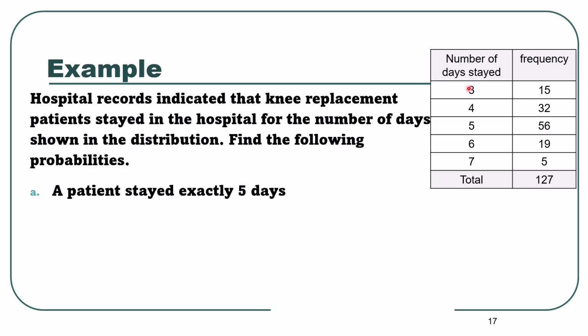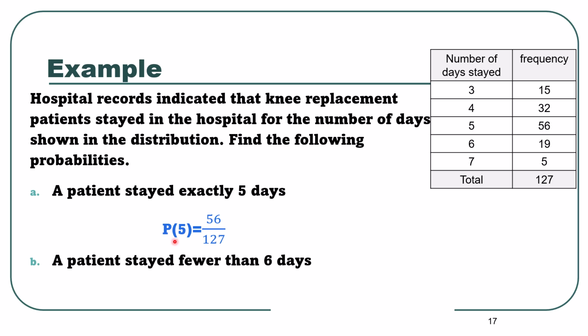According to my frequency distribution here, I have 56 out of my 127 who stayed exactly 5 days, which means I can use the frequency approach, or the empirical approach, to probability. The probability of 5 is exactly 56 over 127.